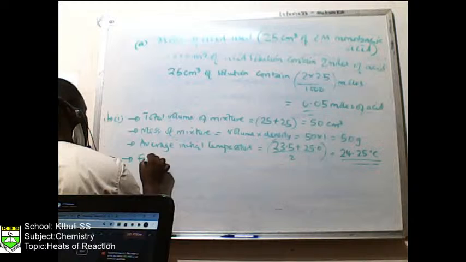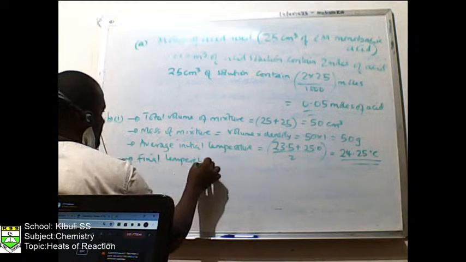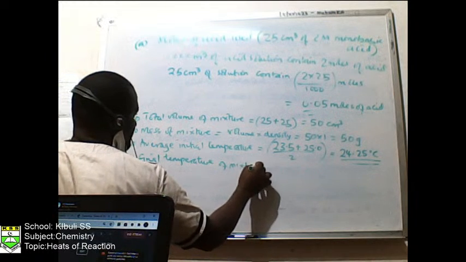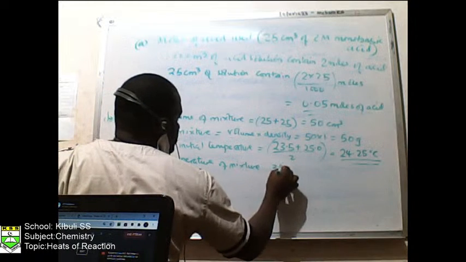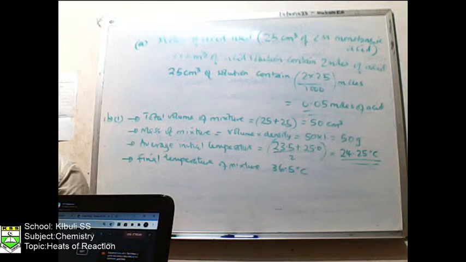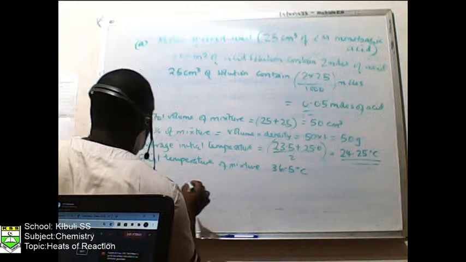Then the final temperature of the mixture. According to our question, it was 36.5 degrees Celsius. So you can now use this to get the temperature change.